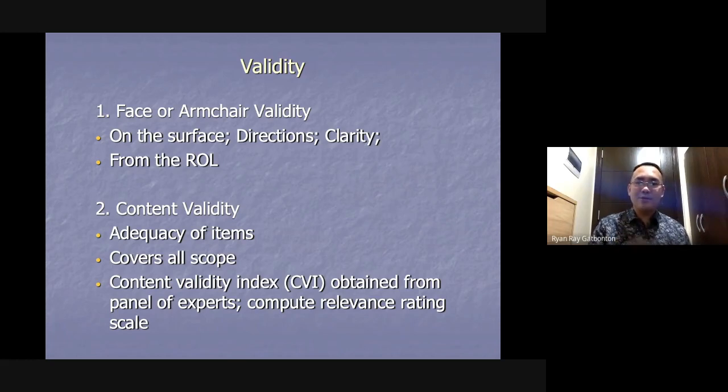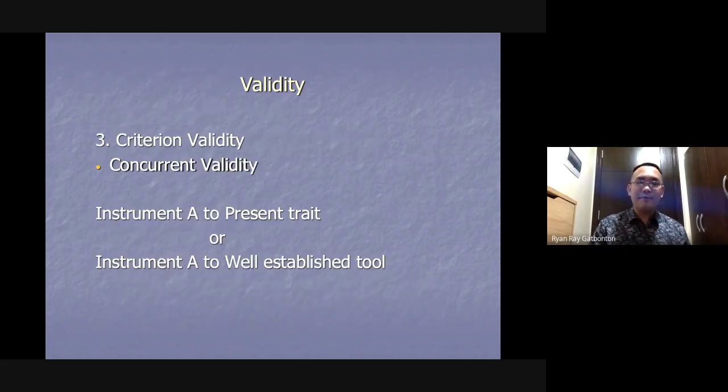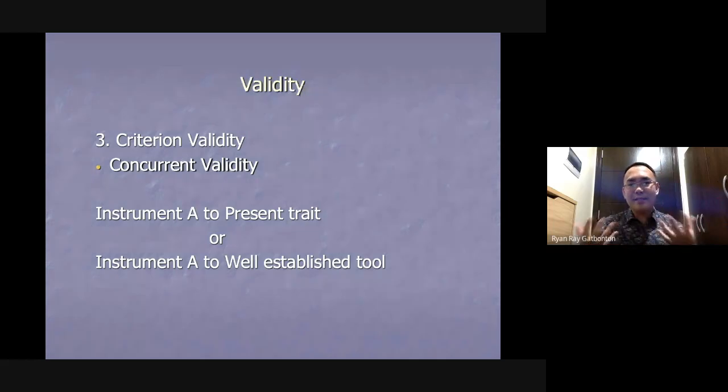Usually, this is determined by a content validity index, which is obtained from a panel of experts who compute the relevance rating scale. Okay? Another type of validity is yung tinatawag na criterion validity. Sa criterion validity, it can be two: a concurrent validity or a predictive validity.